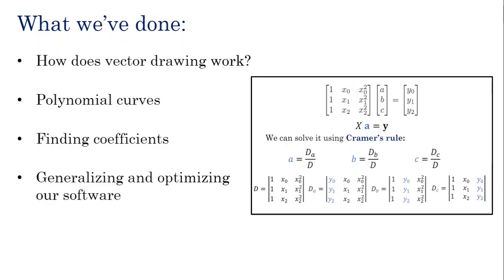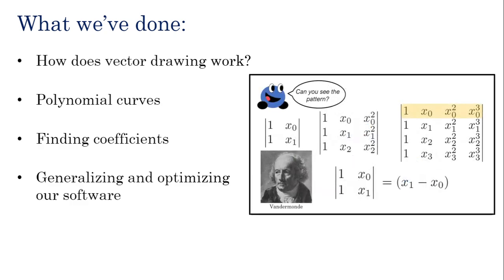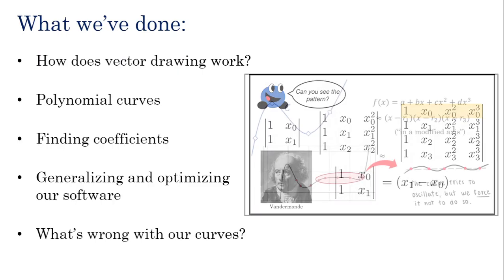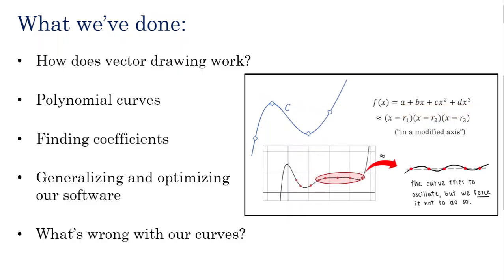Then, we noticed something interesting. The determinant of our system had a special structure, a Vandermonde determinant, and we derived its formula. Finally, we tested our model and saw that it didn't behave well for all kinds of curves, which led us to analyze the types of curves that polynomials can represent and their limitations. Wow, that's quite a journey for a single question, isn't it?